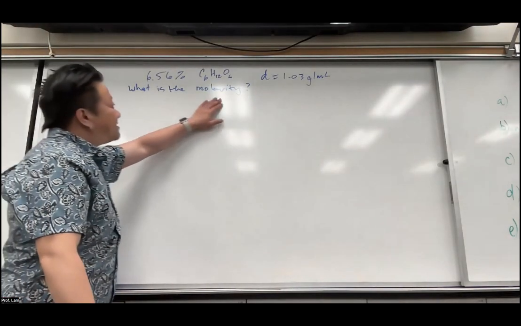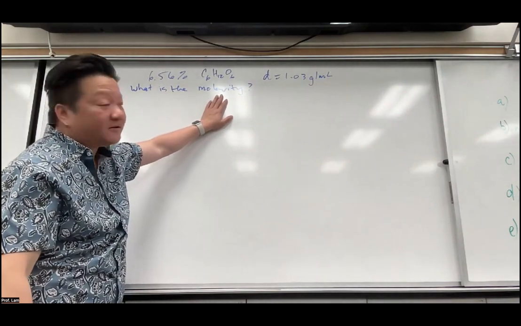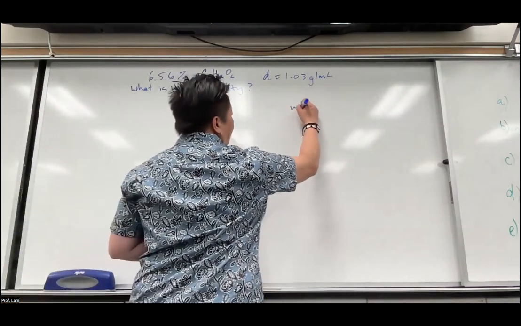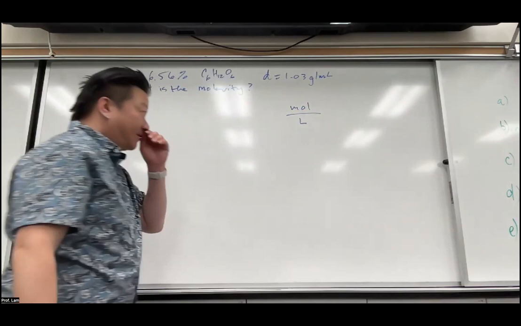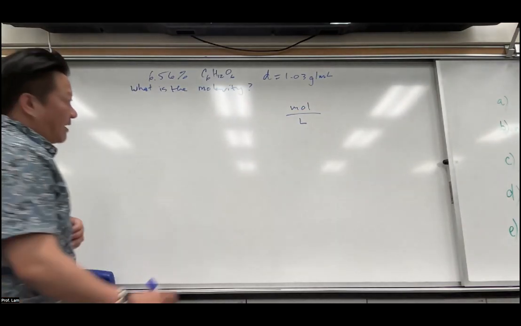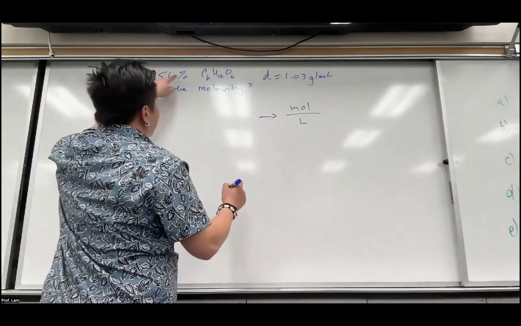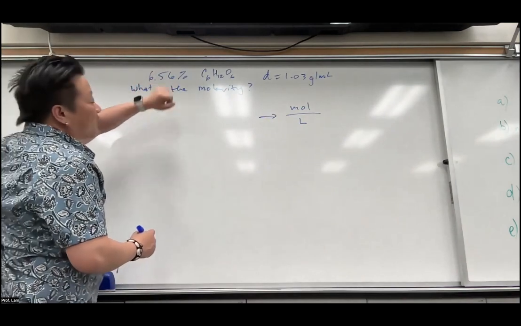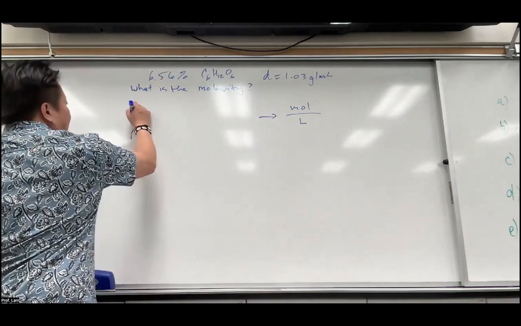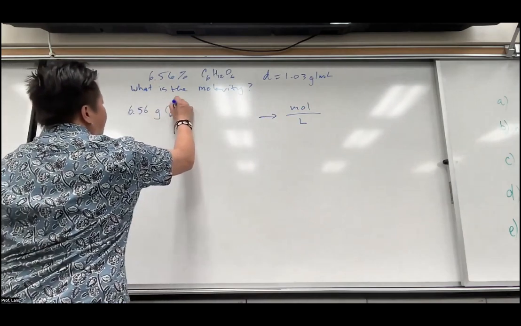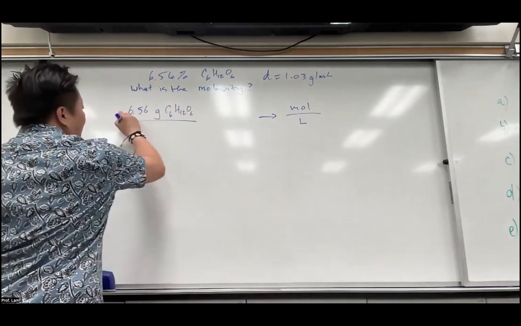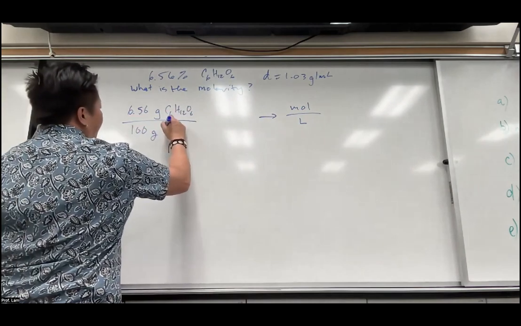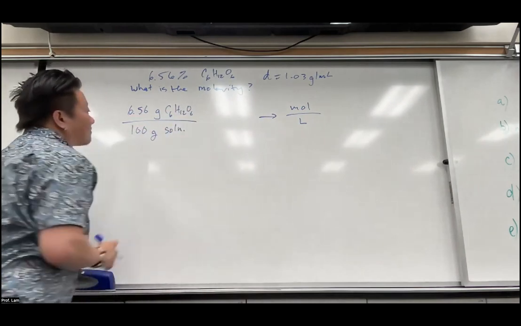What is desired? Molarity, which is moles over liter at the end. What do we start with? We start with the percent mass. Remember, we can break this down. 6.56% means 6.56 grams of C6H12O6 over 100 grams of solution.